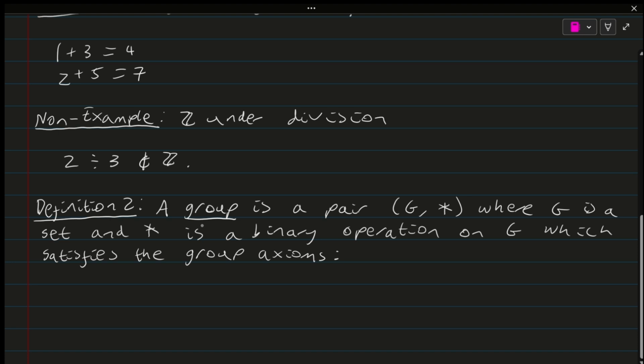So, the first axiom is the existence of an identity.